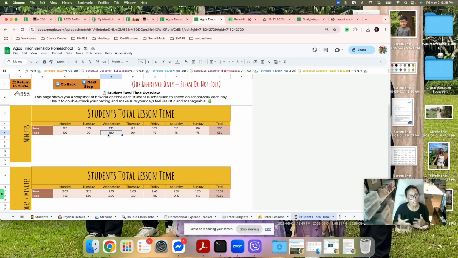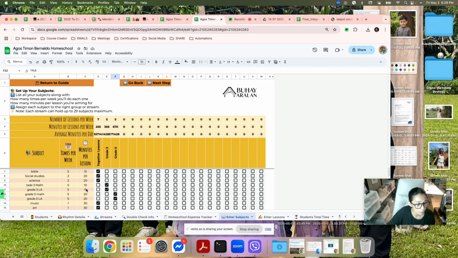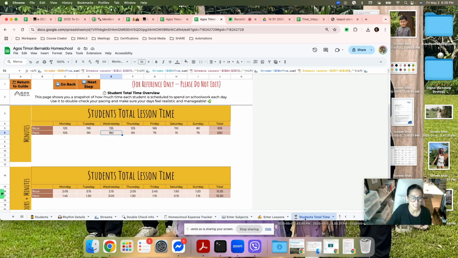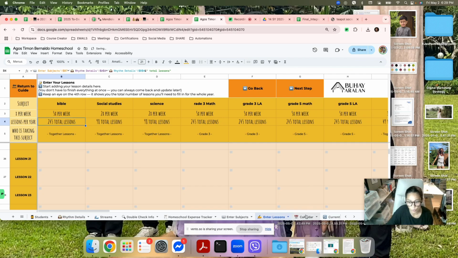So, more or less, this is how I spread it out for my children, and how I decide what to schedule where. Usually, the adjustments will be in the scheduling, or I just need to be more mindful of the number of minutes that I allot per subject per day, or the number of days. So, basically, that's how we do it.